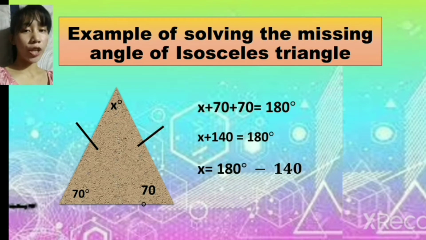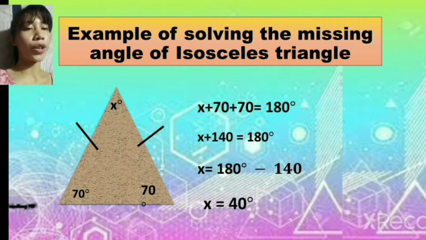By using additive inverse, x plus 140 minus 140, the 140 here on the side will be cancelled out. And then 180 minus 140, so x is equals to 180 degrees minus 140. Just subtract that. So our x is equals to 40 degrees. So we have found the missing angle, which is 40 degrees.